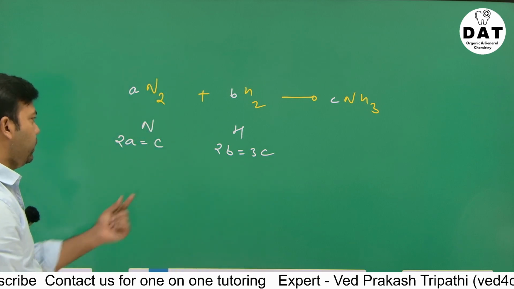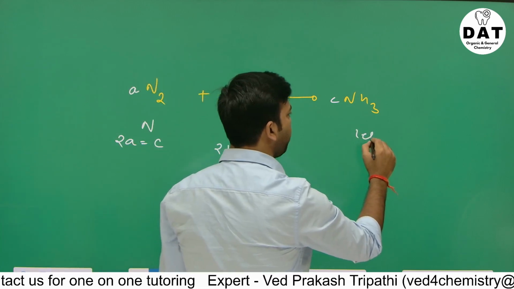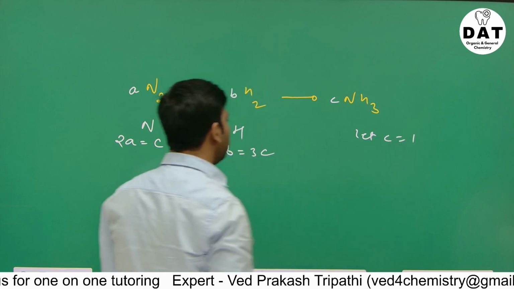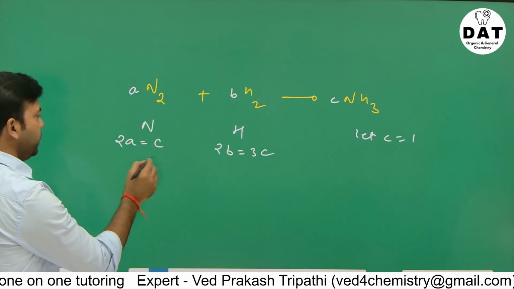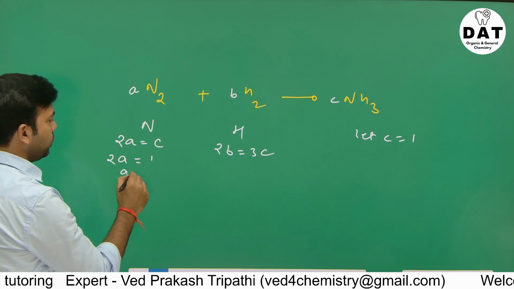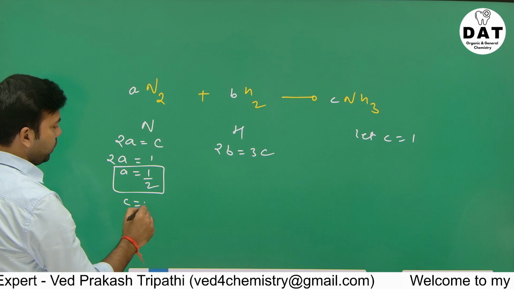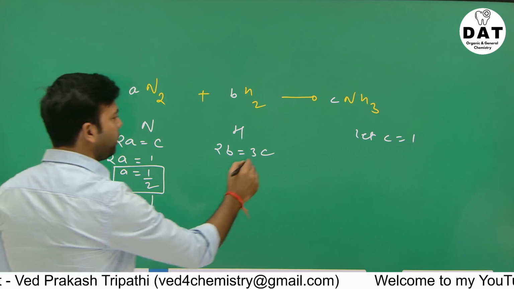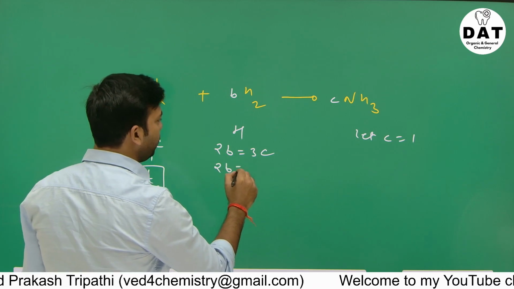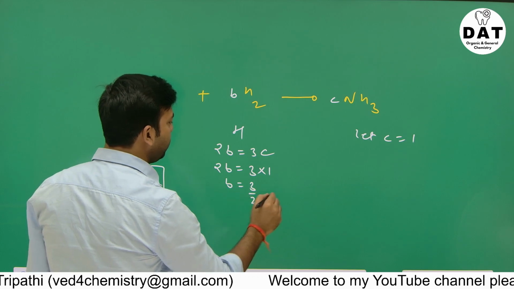So again C is my common factor, so we can assume C as 1. So if C is 1, which means 2A is equal to 1, so A is equal to 1 by 2 and C is 1. So let's find out B here. So 2B is equal to 3 into 1, so B is equal to 3 by 2.